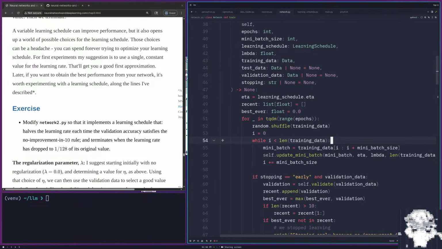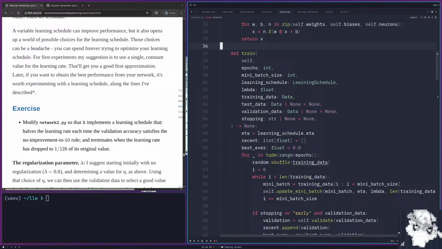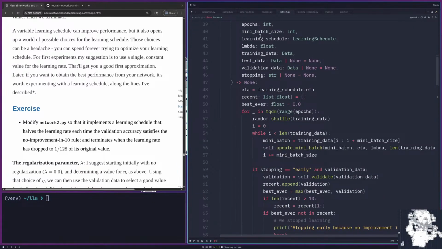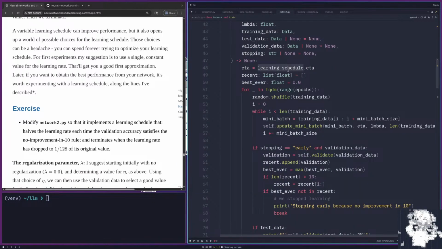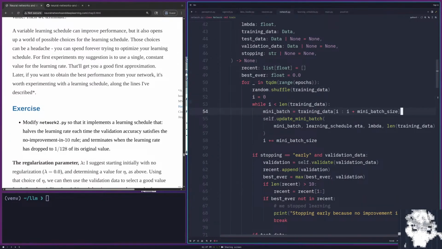So now if we go here, the idea is to pass in the learning schedule there, and then have the learning schedule get updated as we go.